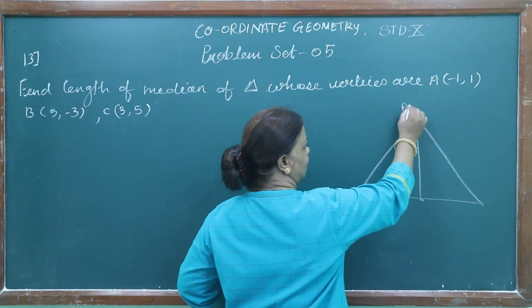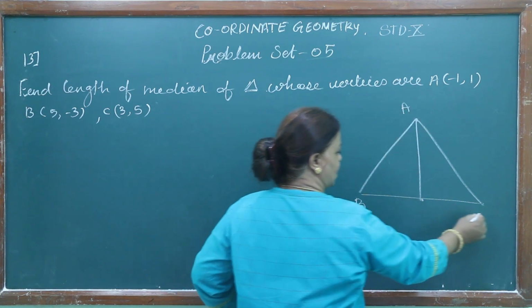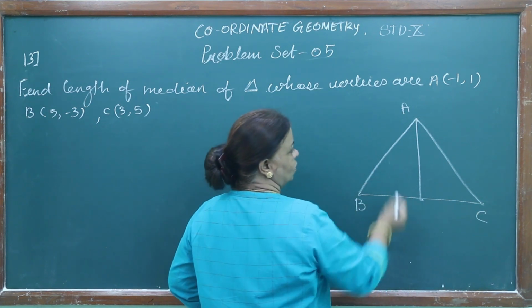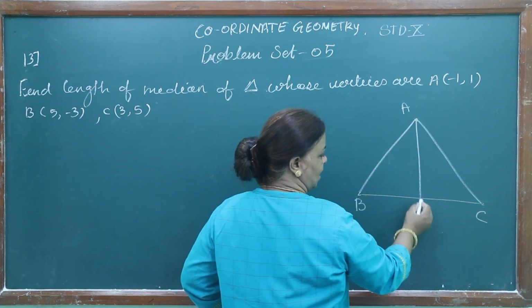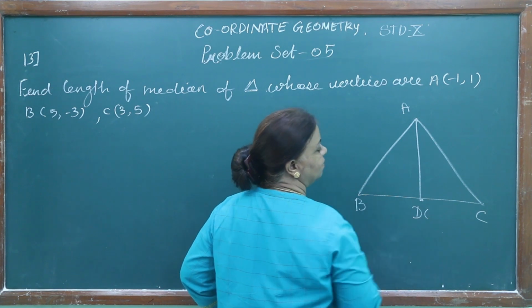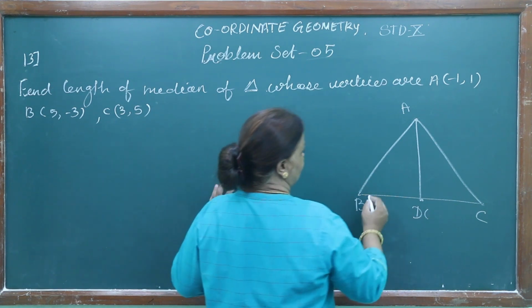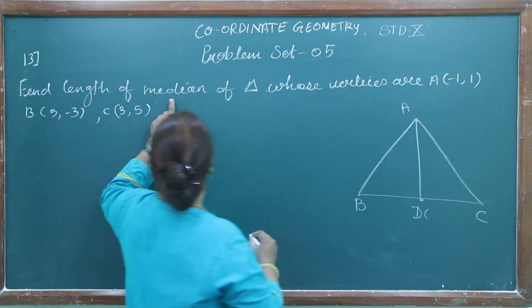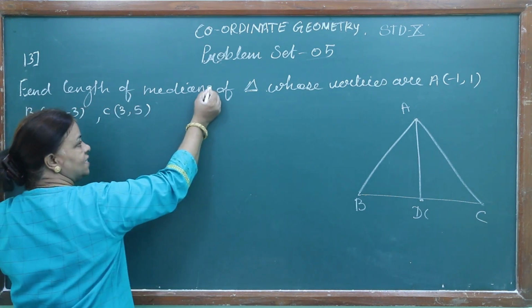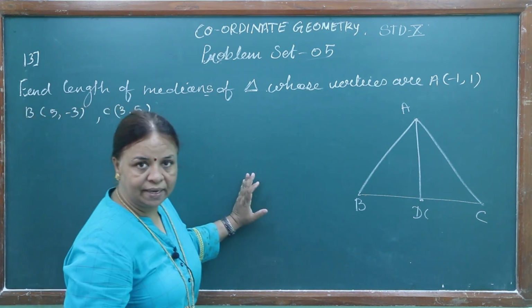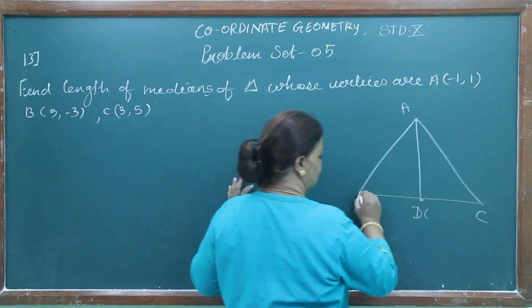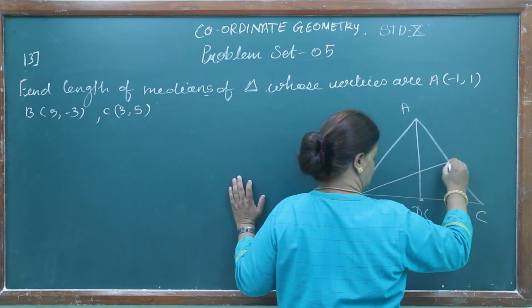For example, if I label it as A, B and C, so A is the vertex and D will be the median. Now here we are supposed to find out the length of the medians. Medians means not one. There will be 3 medians.